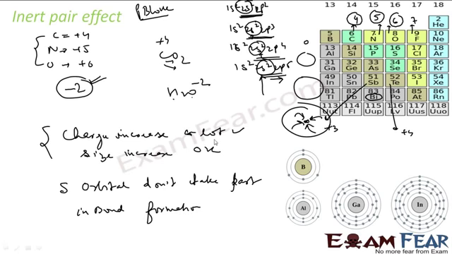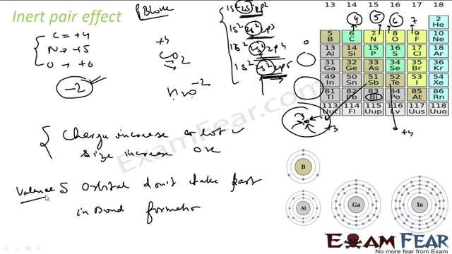See, anyway, 1s orbitals will never take part, because only the valence orbitals take part in bond formation. That is something we know. Out of these valence orbitals also, the valence s orbitals, typically all the valence orbitals take part in the reaction, in the bond formation.